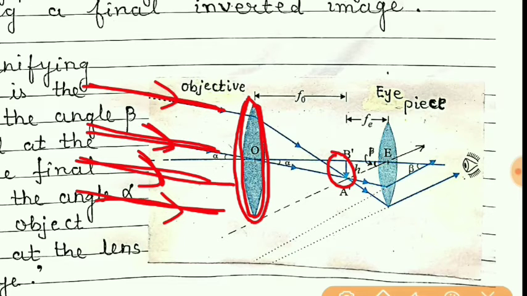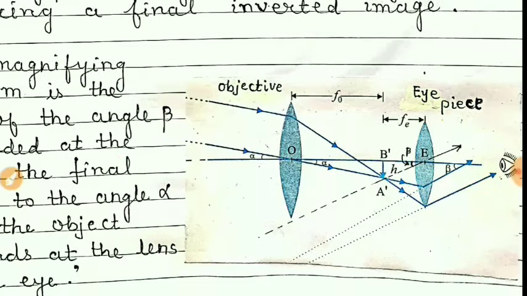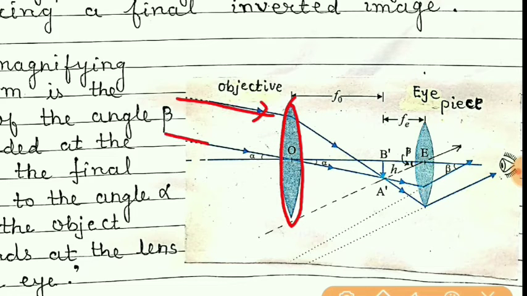So that is the reason why the cross sectional area of this lens, or the aperture, is kept very large. And so if the surface area of this objective is large, then its light gathering power will also be large.